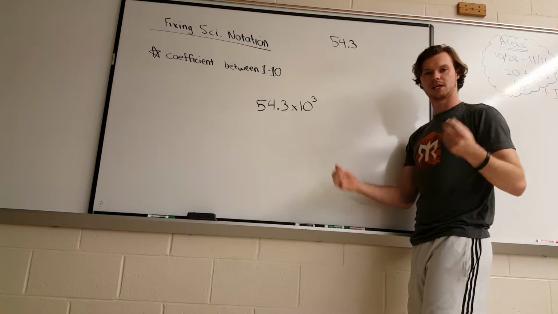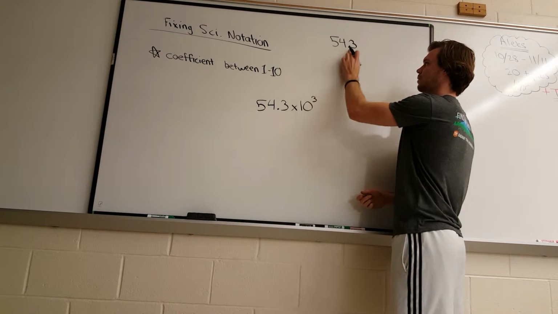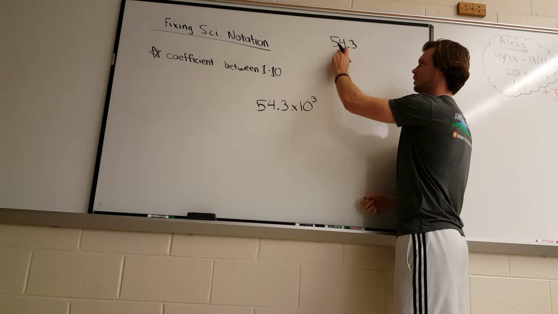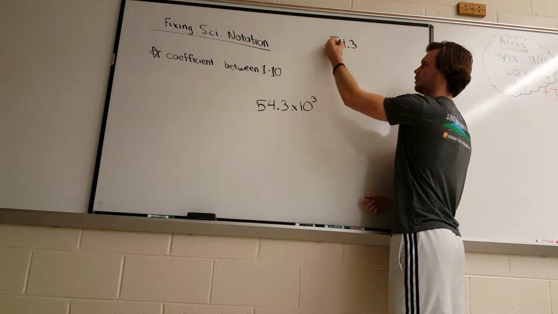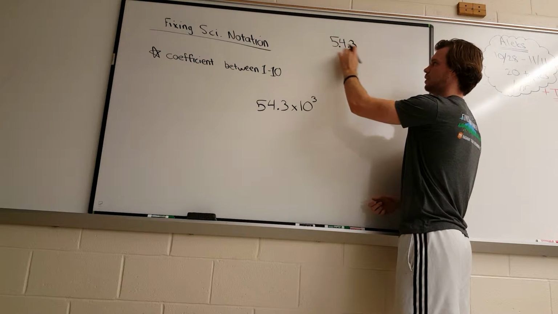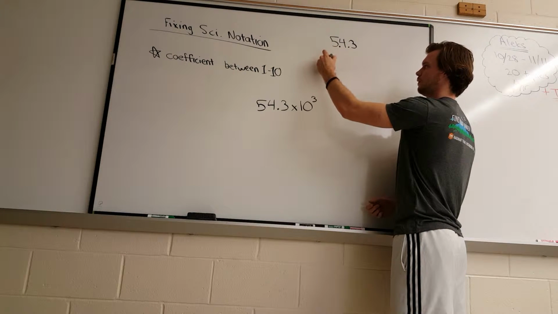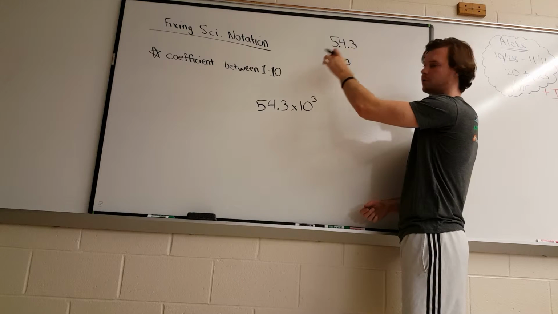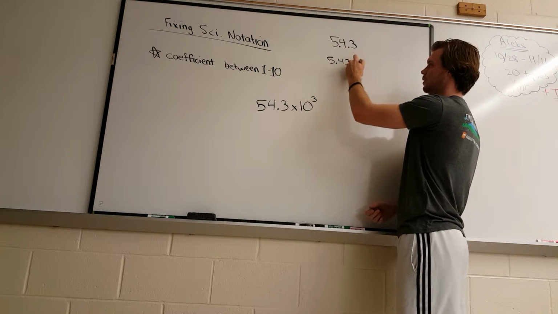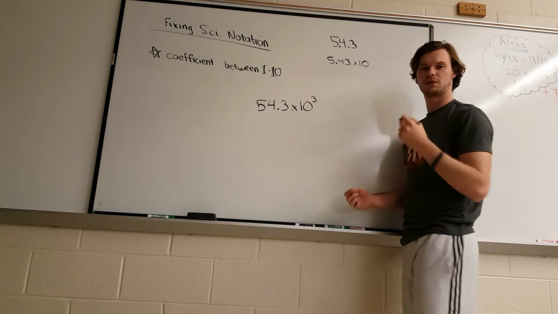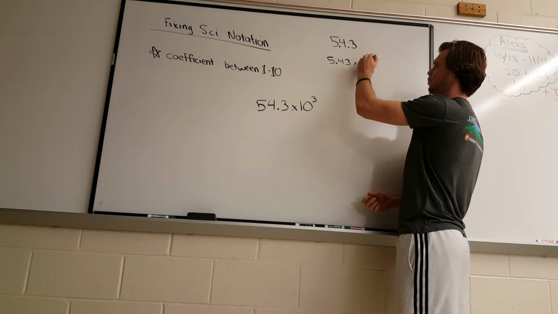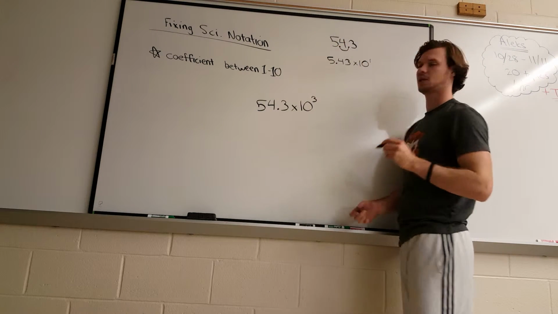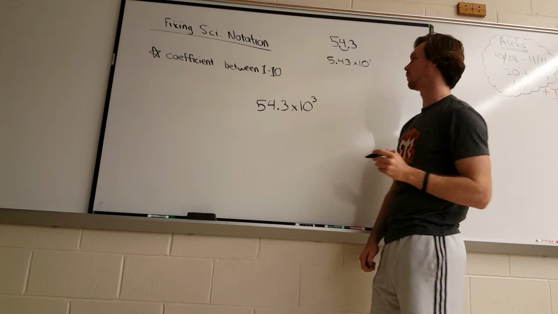Well, you saw in the last video, hopefully, I locate my decimal point, I look at where it needs to go, which is right here, and I just created the number 5.43. That's where my decimal point needs to go to make it between 1 and 10. I know it's going to be multiplied by a power of 10. In this case, it's going to be 1 because the decimal points are only one spot away from each other.